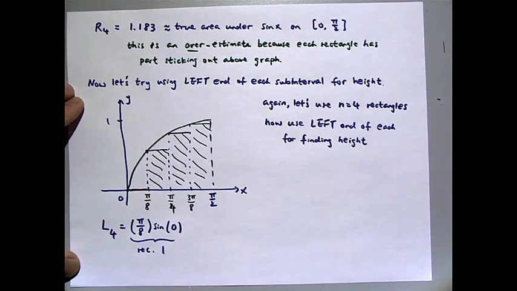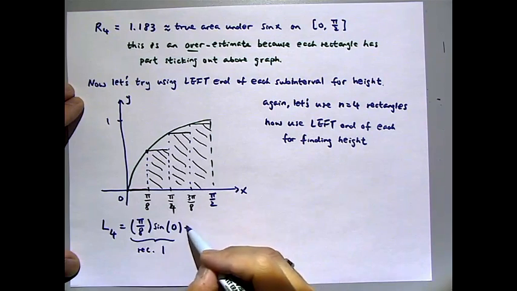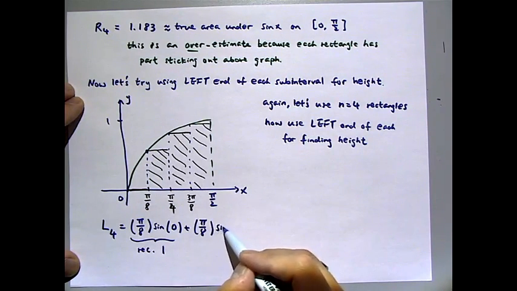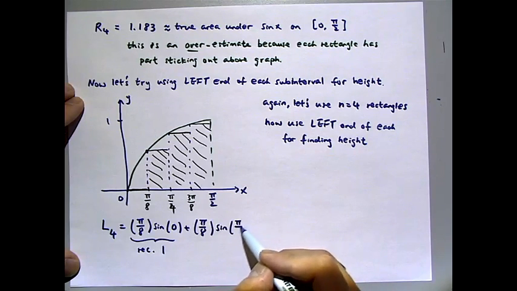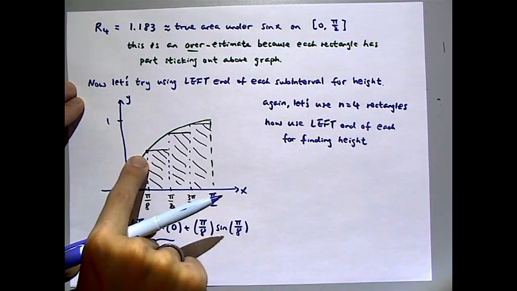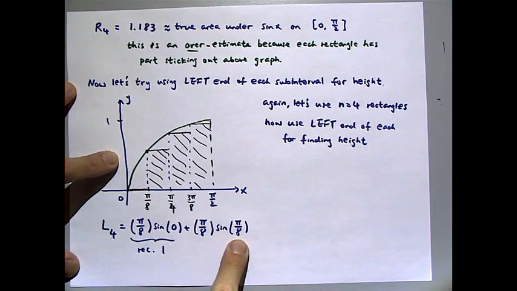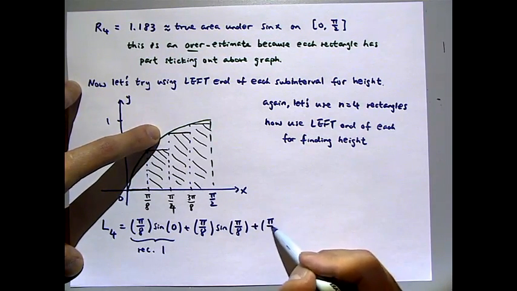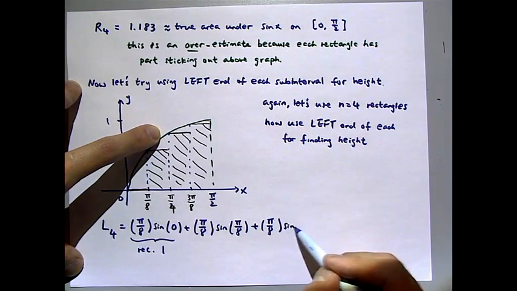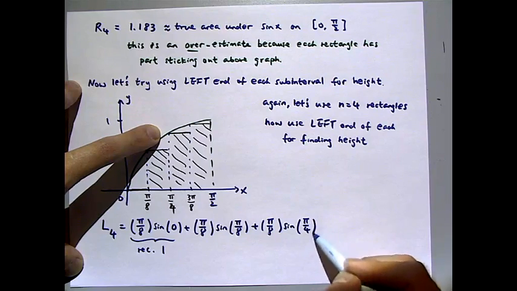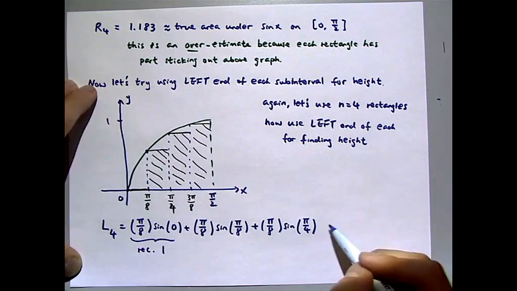Good? Okay. Second rectangle. Left endpoint is pi over 8. So where it touches the curve, the y value is sine of pi over 8. Height of the second. Third. Now the fourth.